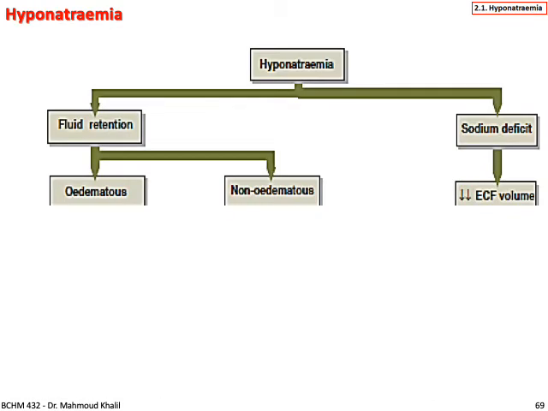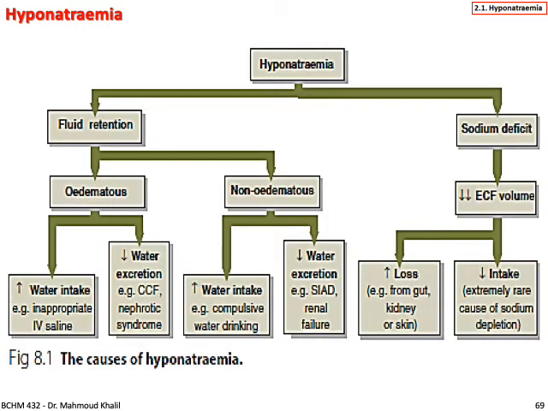If we want to summarize the hyponatremia, it is due to fluid retention or sodium deficiency. The fluid retention can result from edematous or non-edematous conditions. The edematous is due to high water intake, such as inappropriate IV saline, or low water excretion as a result of many conditions, including nephrotic syndrome.